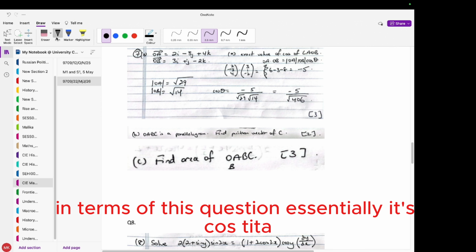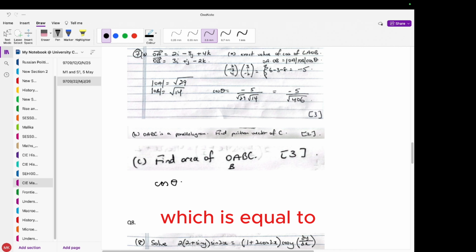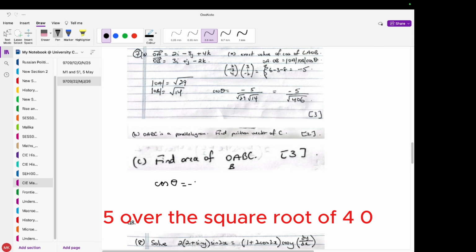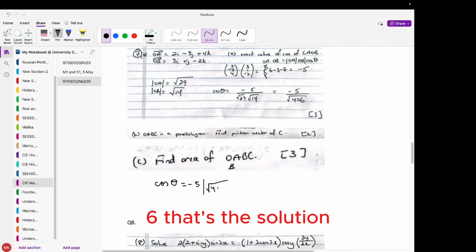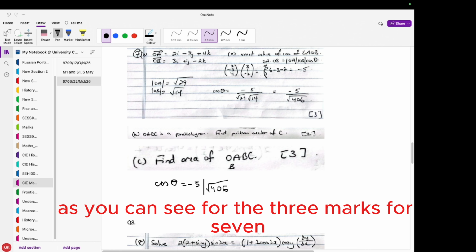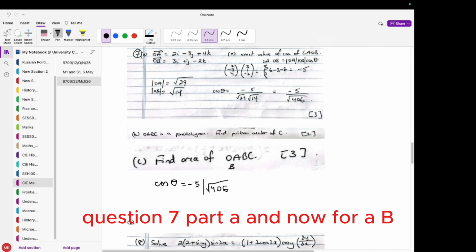In terms of this question, essentially cos theta is equal to minus 5 over the square root of 406. That's the solution for the 3 marks for question 7 part A.